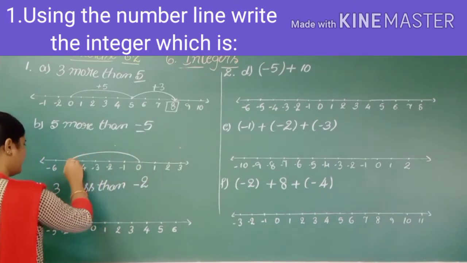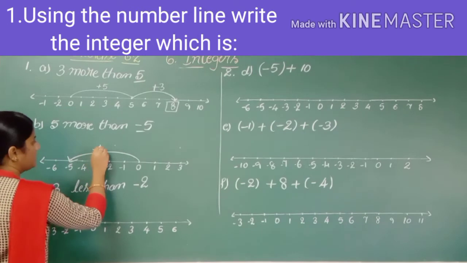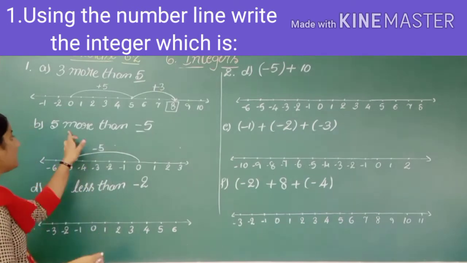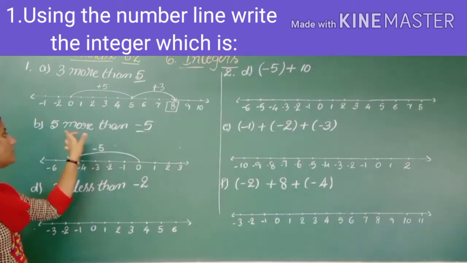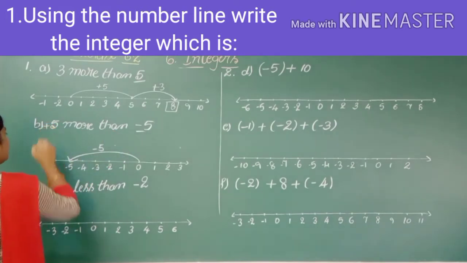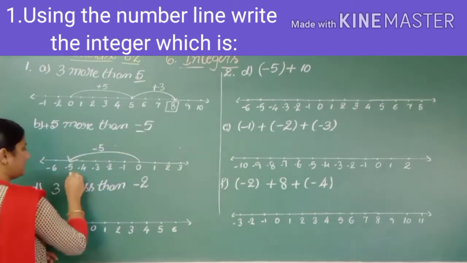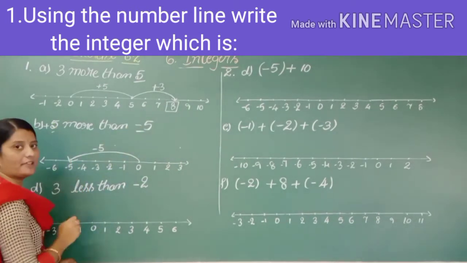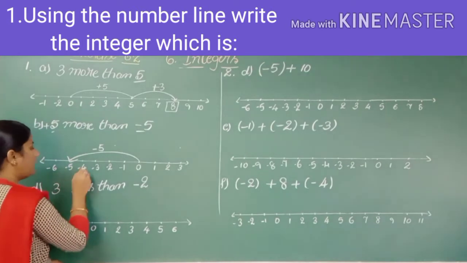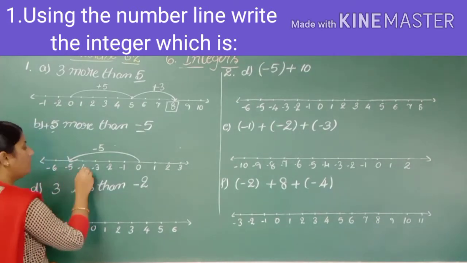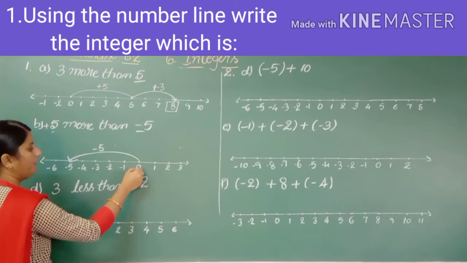We have to move 5 steps from the 0. It is minus 5. Here they have given more than, so more than means we have to add. So it is plus 5. Plus 5 means we have to move to the right of the number line. How many steps? 5 steps. From the minus 5: 1, 2, 3, 4, 5.